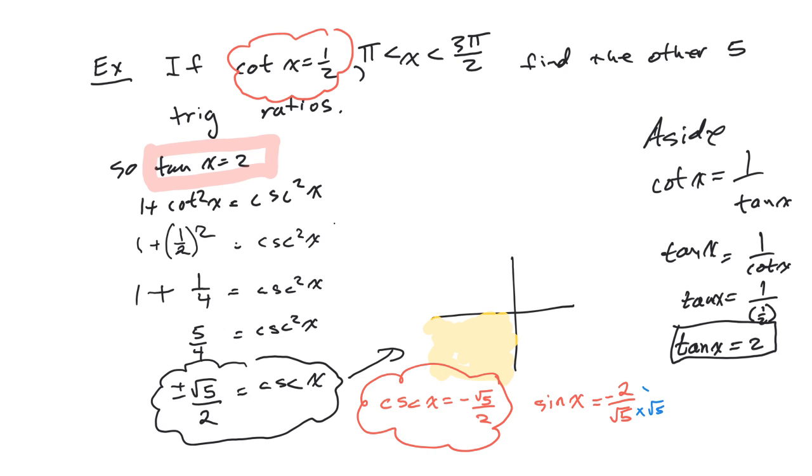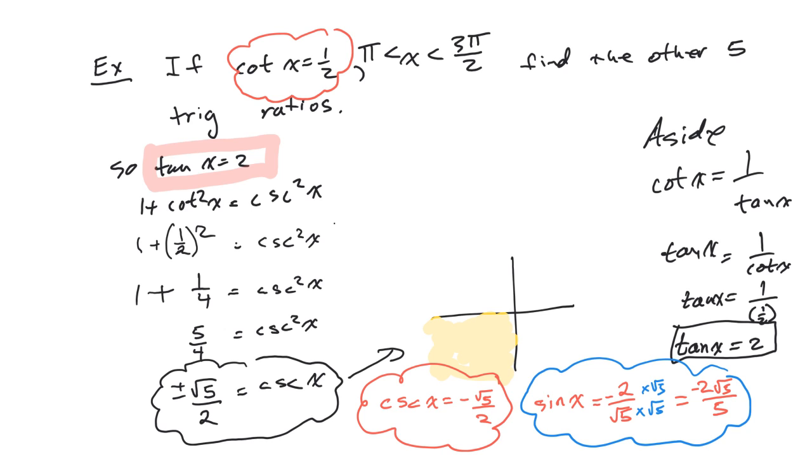So we multiply the top and bottom by root 5, which gives us a final answer of negative 2 root 5 over 5 as my final answer for sine of x. So now we have sine of x. So now all we have left to do is to compute cosine of x.